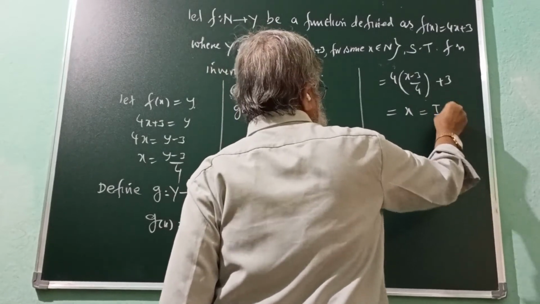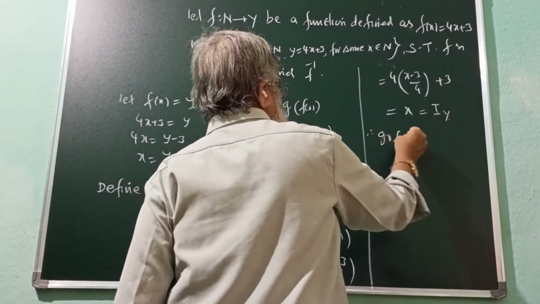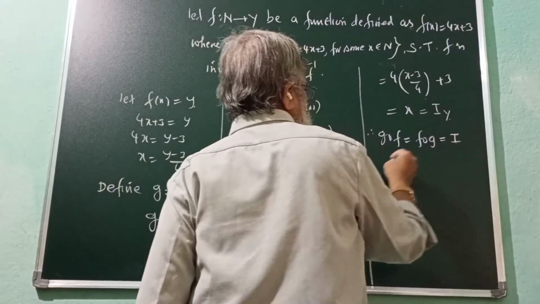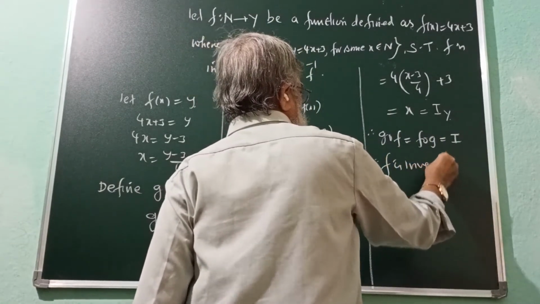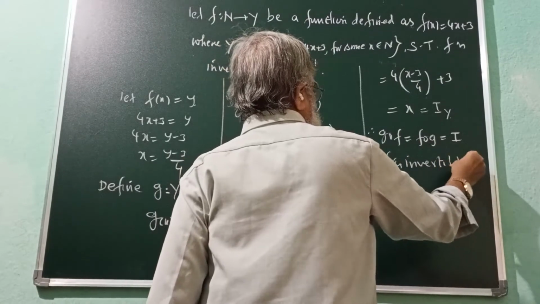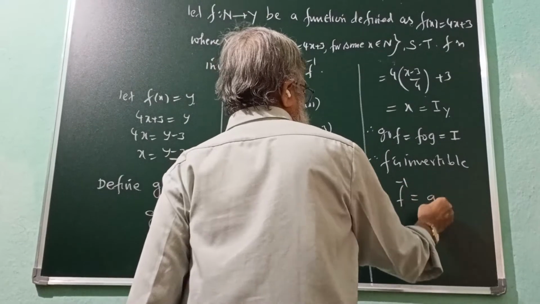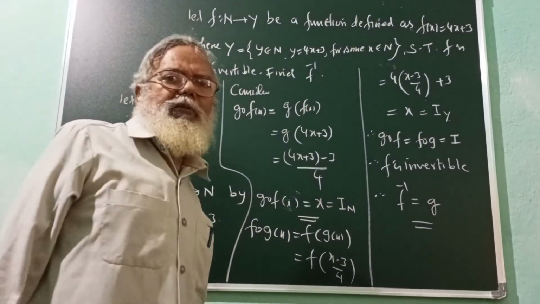Therefore, g composition f is equal to f composition g is equal to I. Therefore, f is invertible, and the inverse of f is given by g. That completes the solution of this problem.